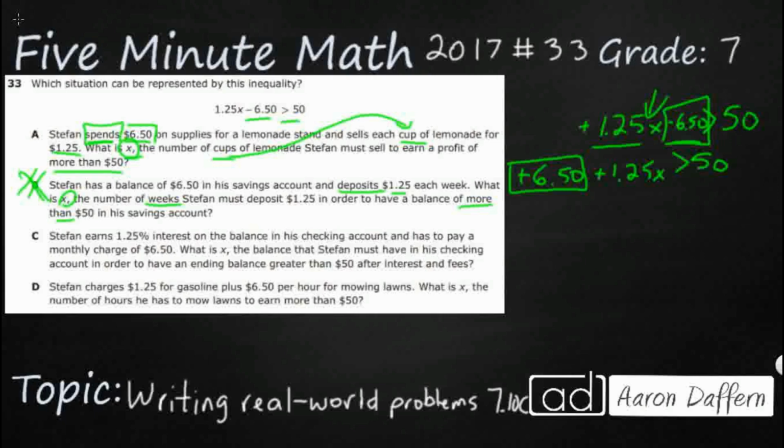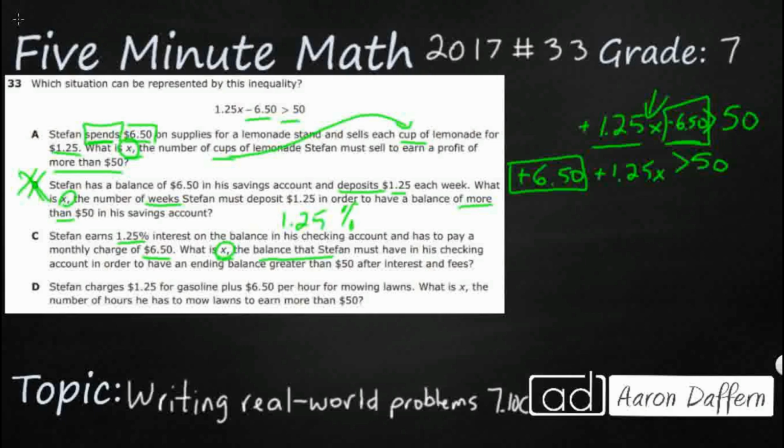Let's check C. Stefan earns 1.25% interest on his balance in his checking account, has to pay a monthly charge of $6.50. So the $6.50 goes with the x. No, actually the $6.50 doesn't go with that x. That's a monthly charge of $6.50. The x goes with the balance. So it's 1.25% on the balance, but here's the problem, 1.25%.